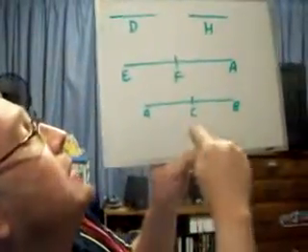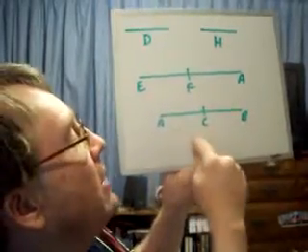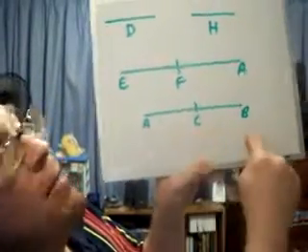So, we're going to have AC and CB. We're going to add these two together. So the sum of them, if you add AC and CB together, you get the line AB.